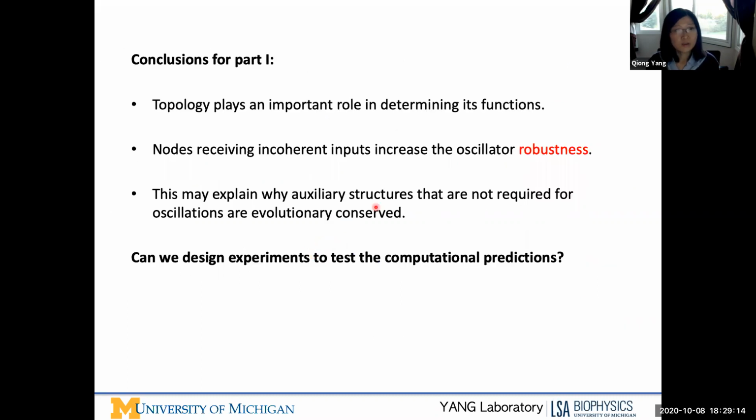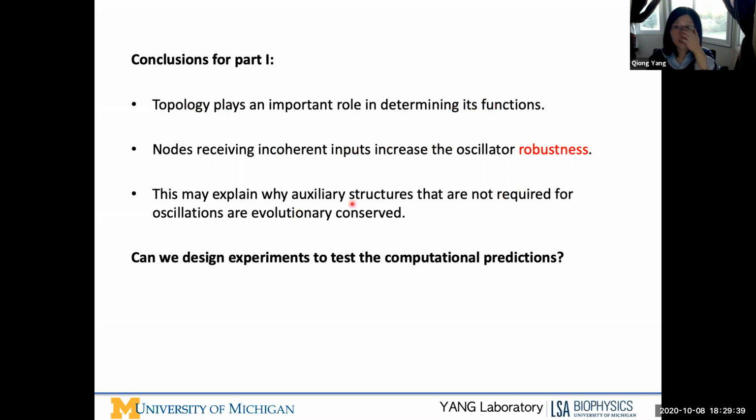Okay, so to conclude for this part, we basically use a computational framework to ask the question whether the topology itself can play an important role in determining a clock function. And the answer is yes. We also identified the incoherent input interaction that seems to be very important for increased oscillator robustness.